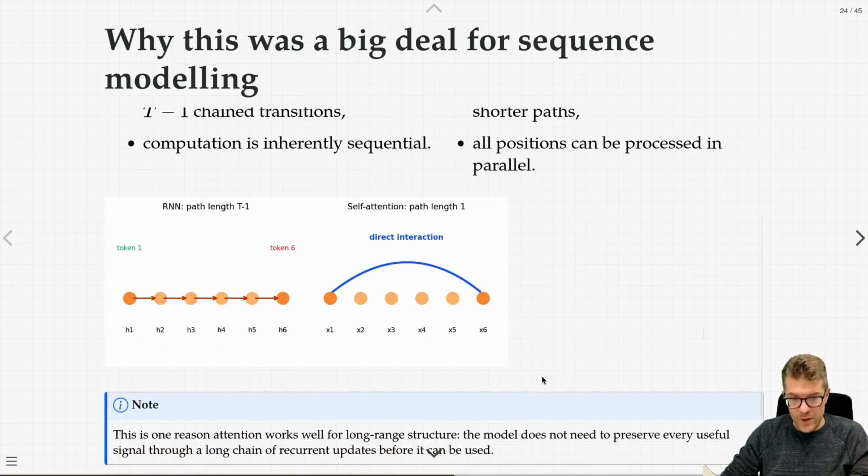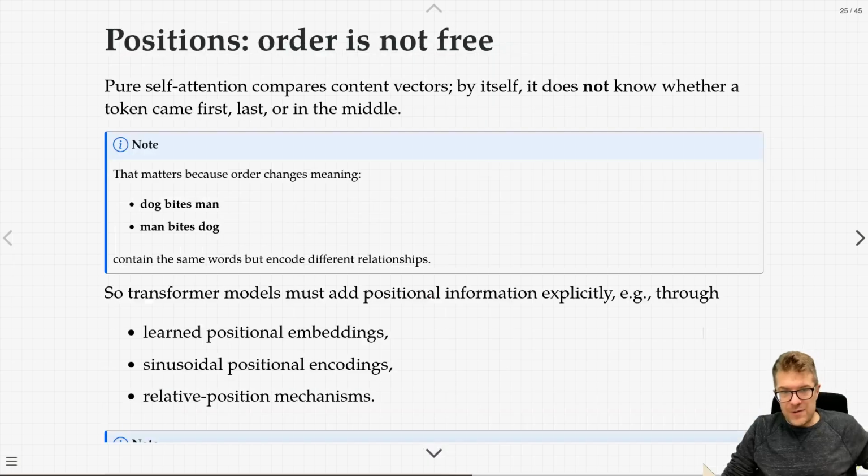This is one reason why attention works well for long-range structures. The model doesn't have to know how to preserve every useful signal through all possible chains of these recurrent updates. There's not one true way to encode information. I have much more flexibility now, which is fantastic.